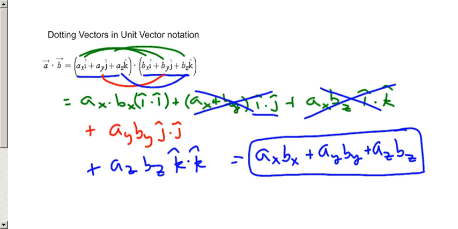So therefore, we have two different ways to do a dot product.